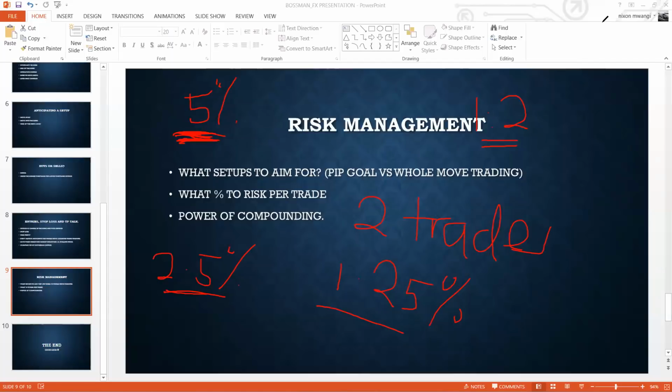If you risk the maximum, 5% per trade, that will still take you 20 trades to blow your account. But don't risk 1% on one trade, then the next trade 5%, the next trade 50%, the next trade going full margin. Things don't work like that.